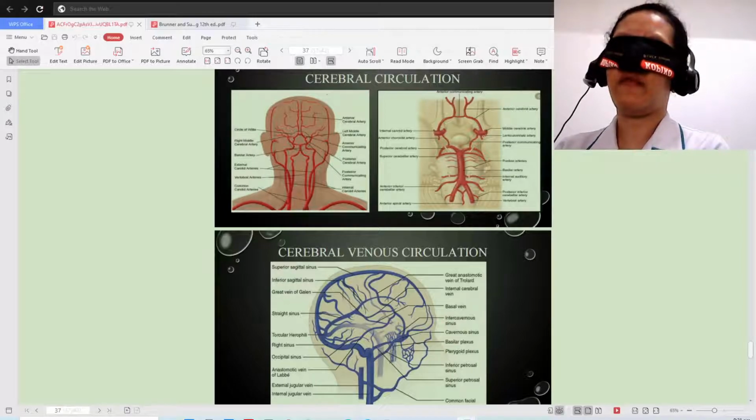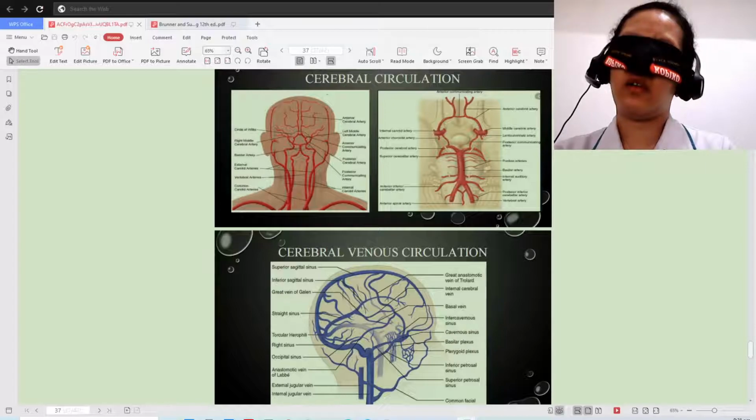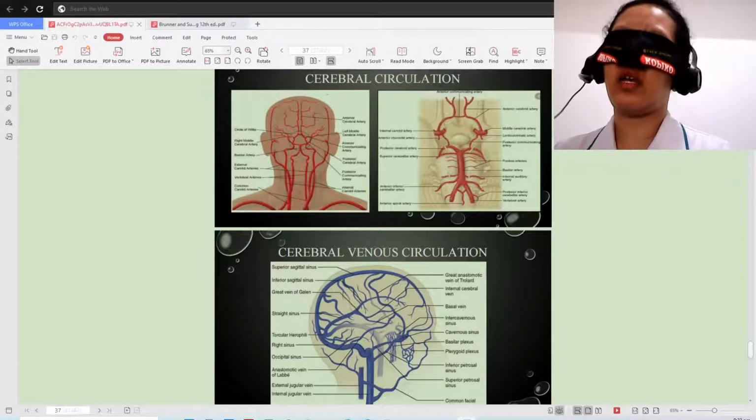And then for the venous circulation, the venous drainage for the brain doesn't follow the arterial circulation of what other body structures do.